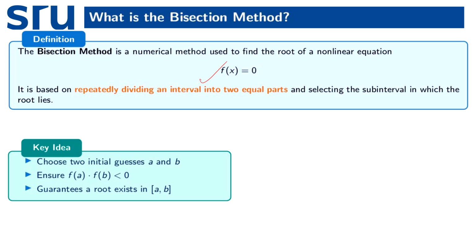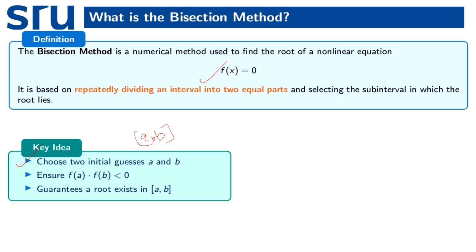Now let us move to the key idea. There are three important points here. First, we should start by choosing two initial guesses, just two values a and b, which will define the interval (a, b).